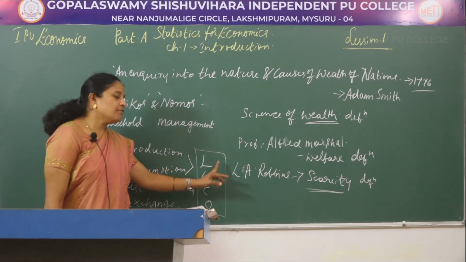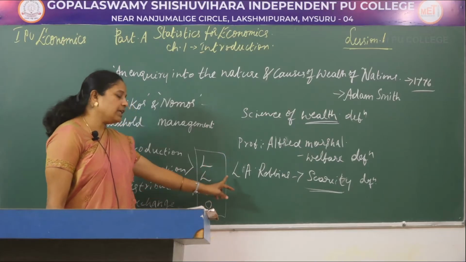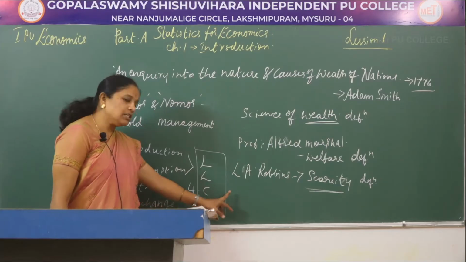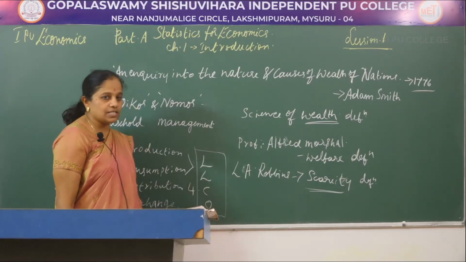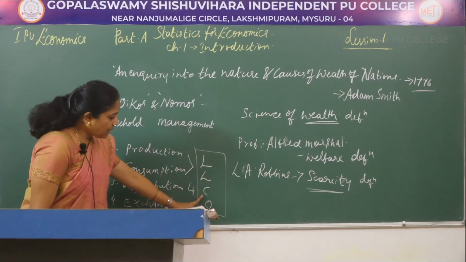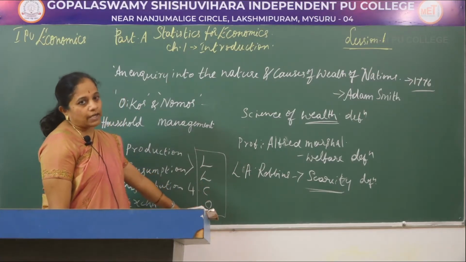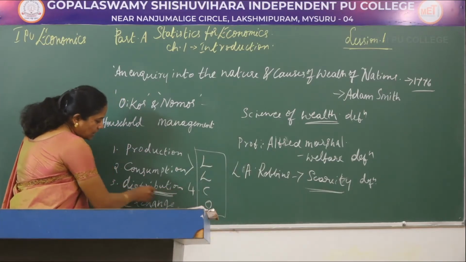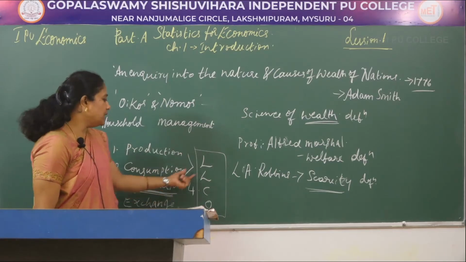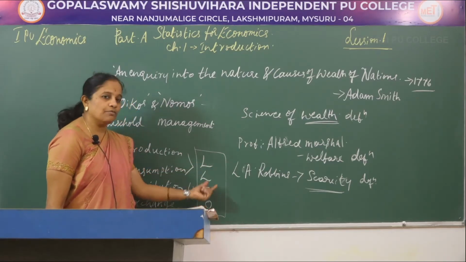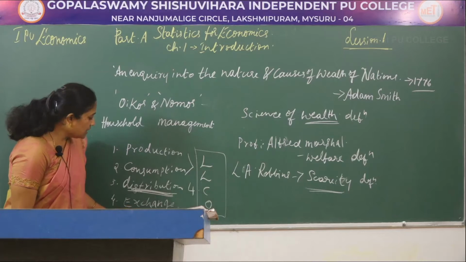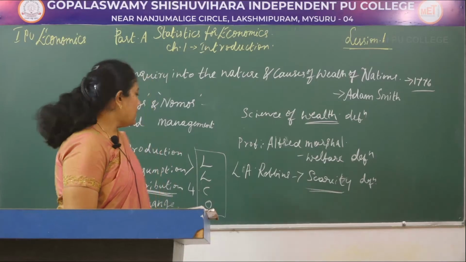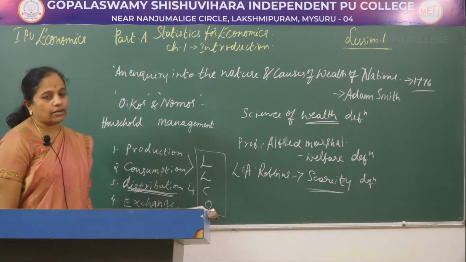The rewards are, for land it is rent, for labor it is wages, for capital it is interest, and for organization it is profit. So all these factors have factor payments, and the income generated in an economy is distributed through the factor payments. The last one is exchange, the exchange of goods and services among all the other sectors of the economy.